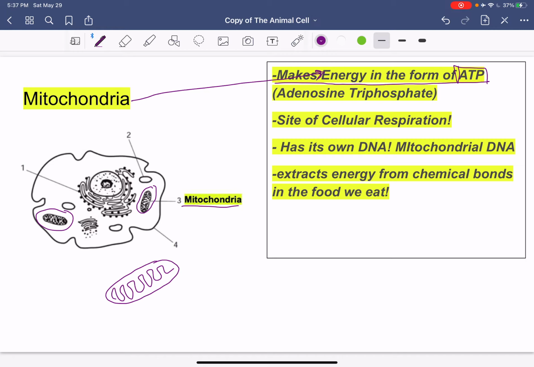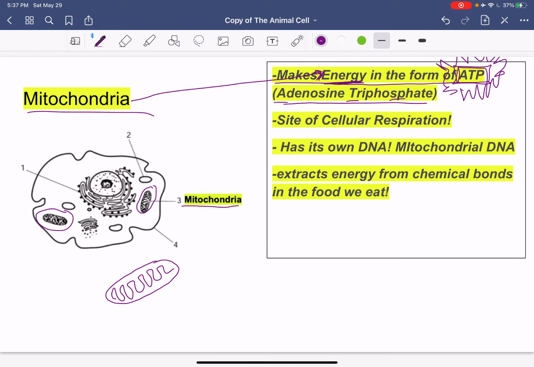As soon as you see the word energy, that should already give a big clue that they're talking about the mitochondria. ATP stands for adenosine triphosphate. That is the full name of the abbreviation ATP, which is the energy.